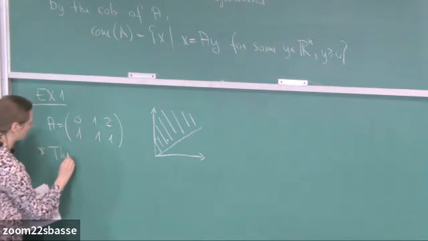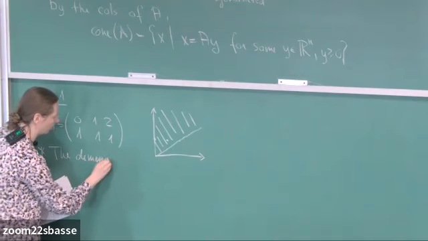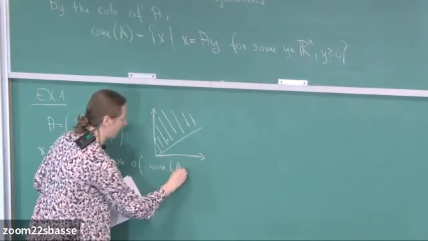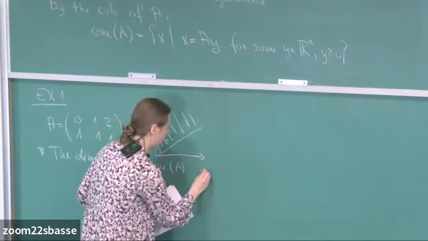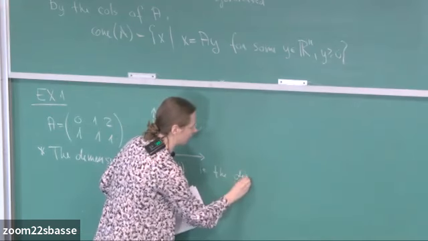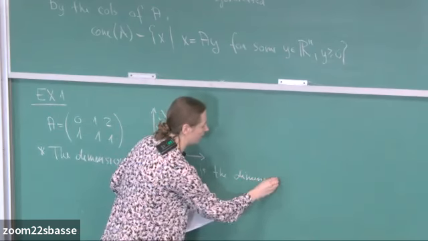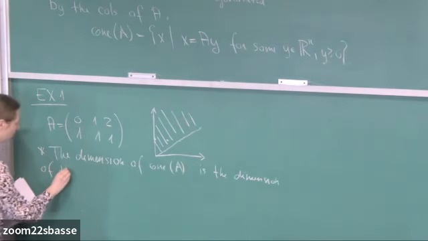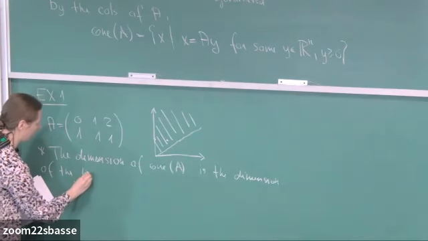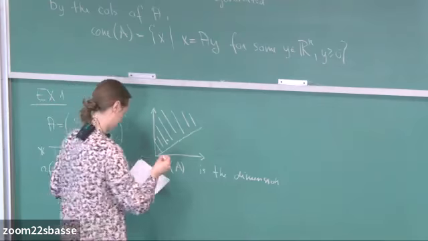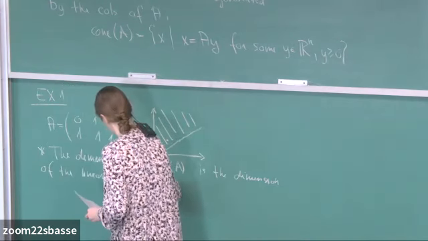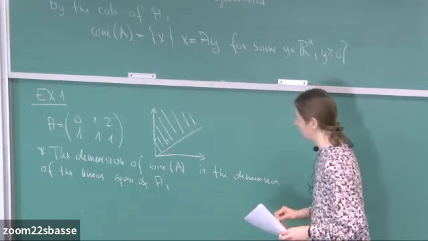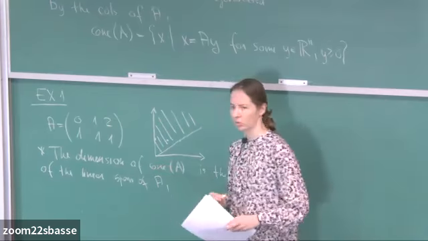The dimension of cone A is the dimension of the linear span of the columns of A. In other words, this is also equal to the rank of A.